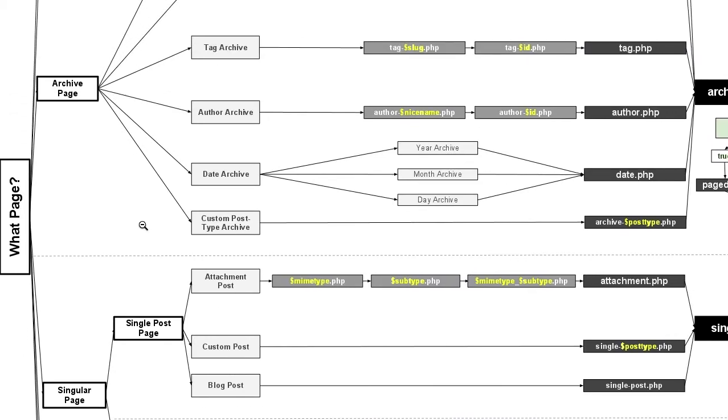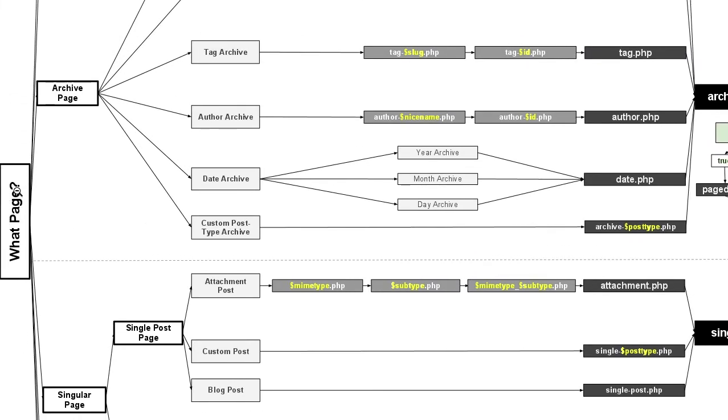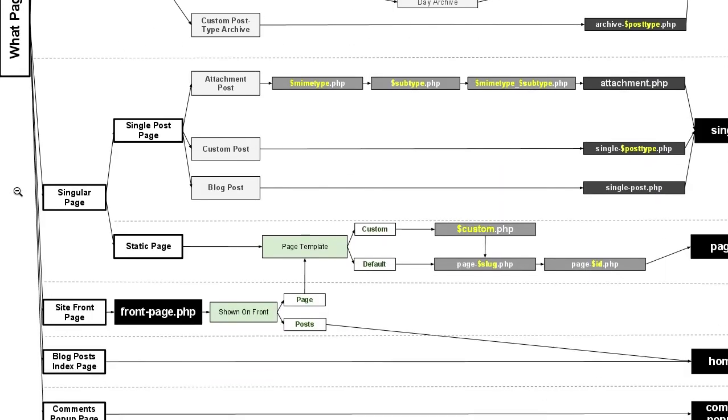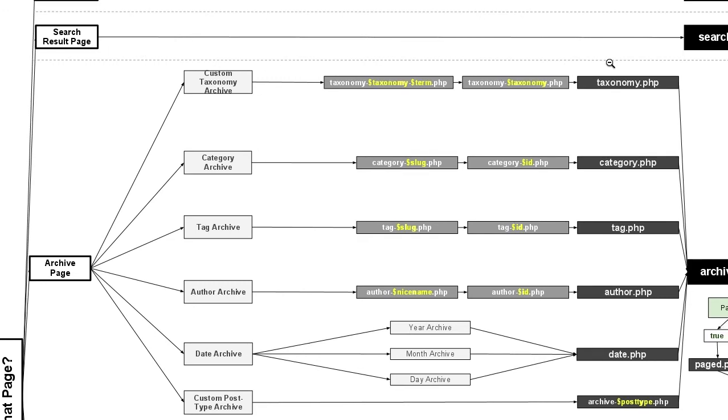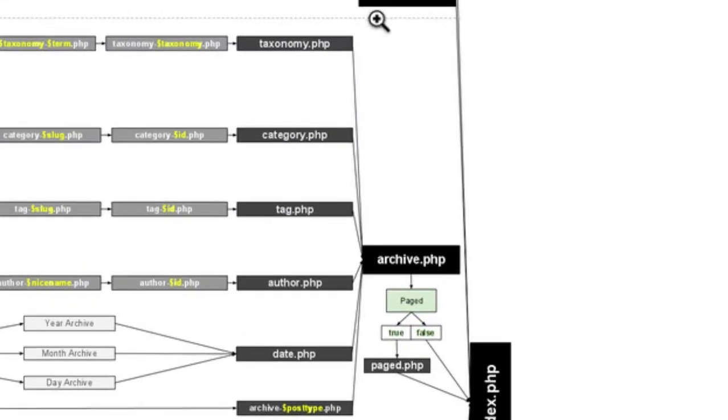Going from left to right, it basically asks what page or what type of content am I viewing. For example, a simple one that goes straight down is if I've done a search. There's built-in search in WordPress. If the user's done a search for content and it wants to display search results, then it will look for a file called search.php.